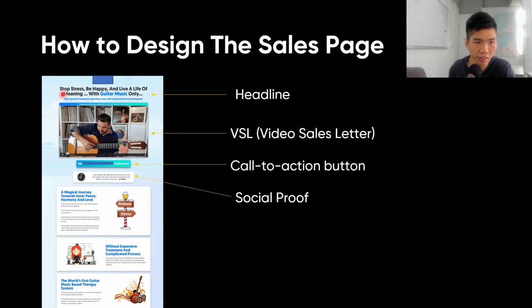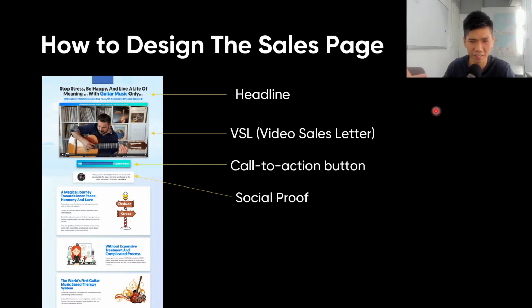So you will see this top section here. When people just go through the top section, they already know what your offer is, what problem they are going to solve, and what result they will achieve. So that's how you build a top section.